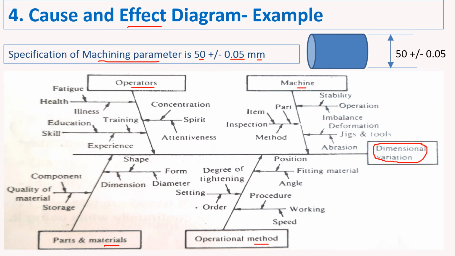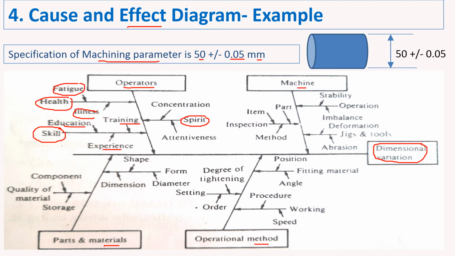In the operator branch we can have skill, health of the operator, and the spirit of the operator. These are the secondary causes, and fatigue, illness, education, training and experience are the root causes.